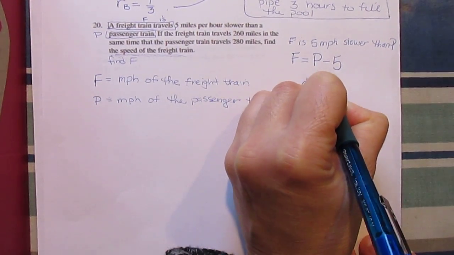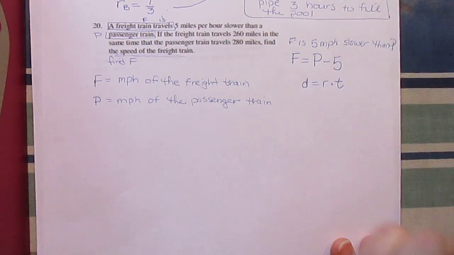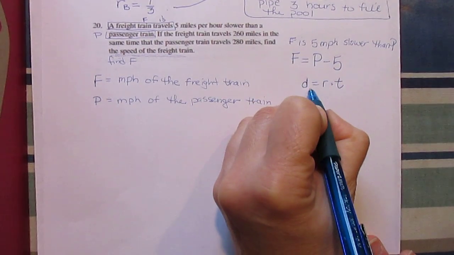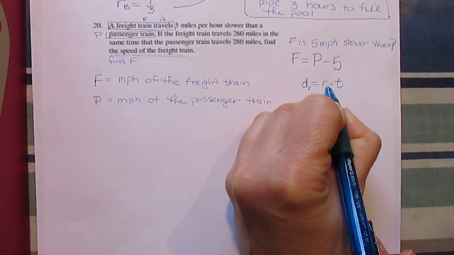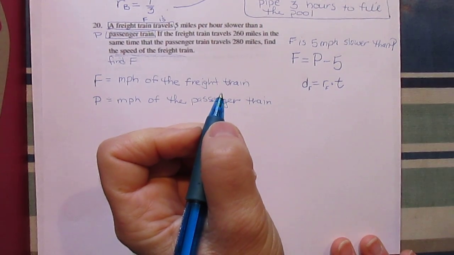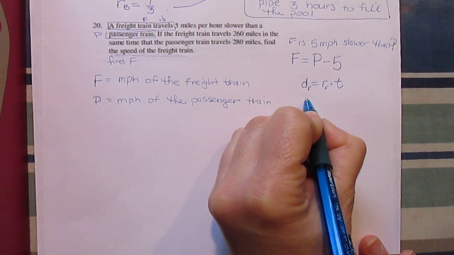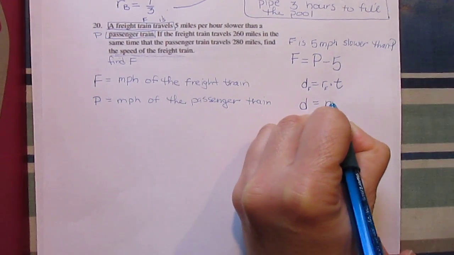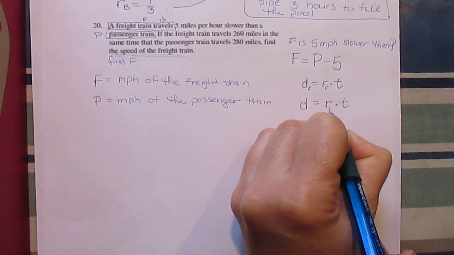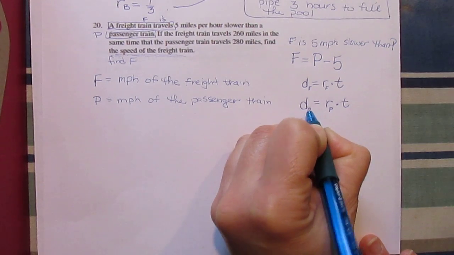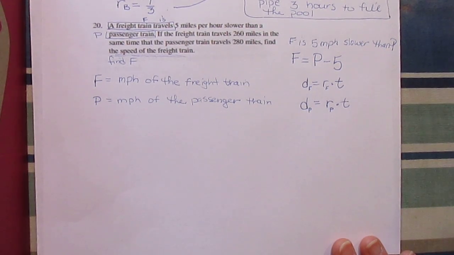distance equals rate times time. One is for the freight train, and one is for the passenger train. And T is the same in both of those.